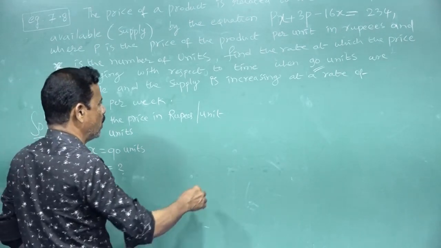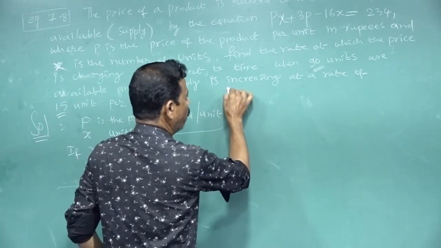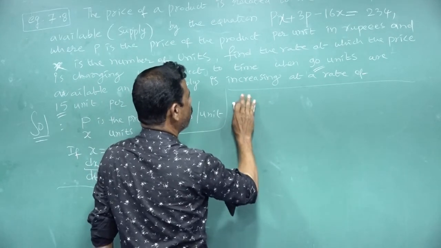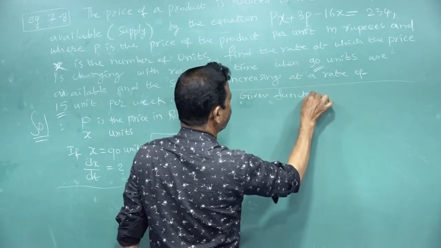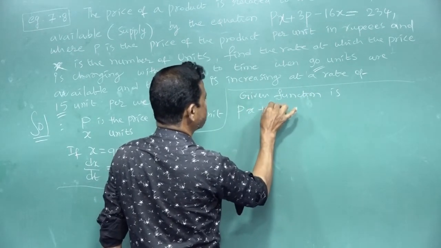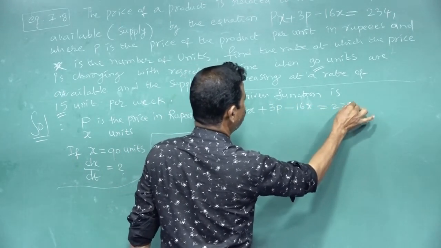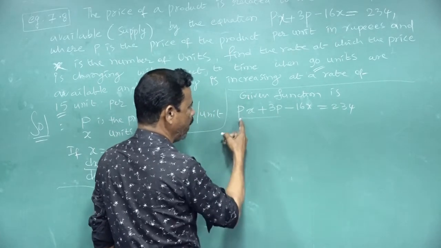Okay, so first of all, we calculate. Here we find the function. The given function is px + 3p − 16x = 234. In the first two terms, p is common.